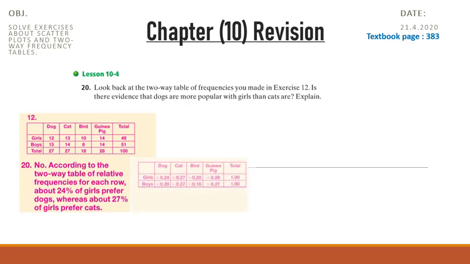According to the two-way table of relative frequencies, about 24% of girls prefer dogs, whereas about 27% of girls prefer cats. So the answer is yes or no? Of course, no.